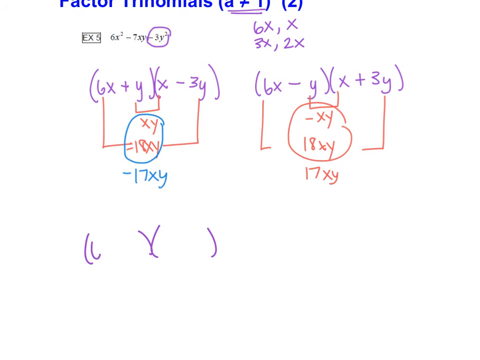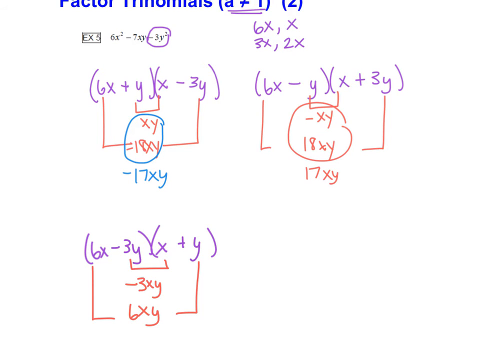All right, so the next thing I'm going to try is I am going to switch the 3y and the y. So I'm going to put minus 3y and the plus y over there and see if that gets us any closer. On the inside, we get a negative 3xy. On the outside, we get a 6xy.